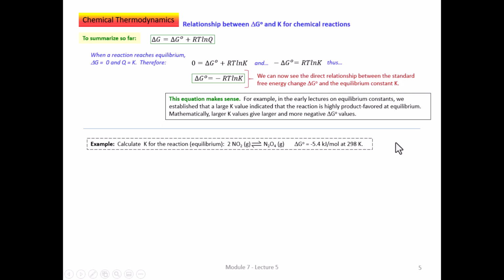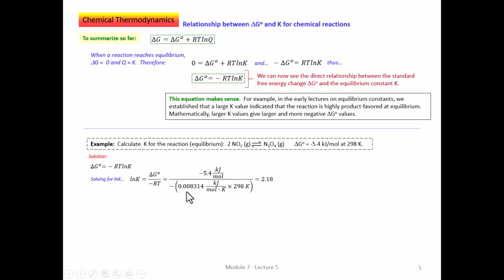On the previous slide, we actually implied, if not stated, that at equilibrium Q equals K. The Q was around 8.8 at equilibrium, so that's what the K value should be, but let's just calculate it straight up from this equation. I'm going to solve for ln K first, so I'll have delta G at standard conditions divided by minus RT.